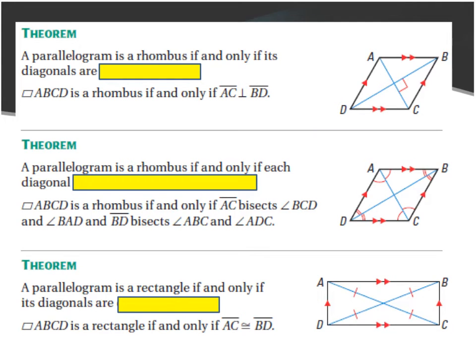Okay, so now we have 3 theorems. The first one states that a parallelogram is a rhombus if and only if its diagonals are perpendicular. Look in this picture. Do they look parallel? The diagonals. Perpendicular. Remember, this box means that they're perpendicular.